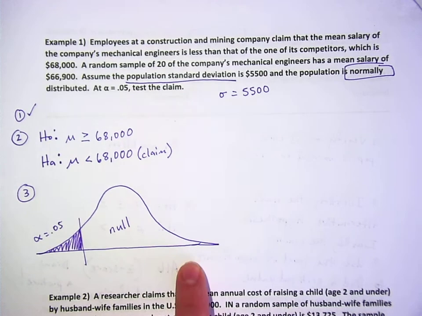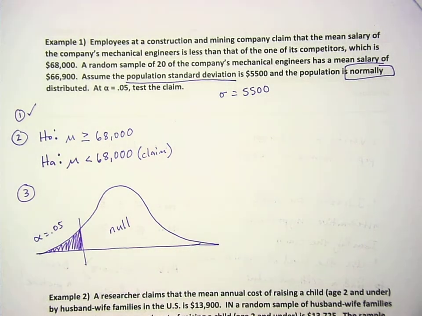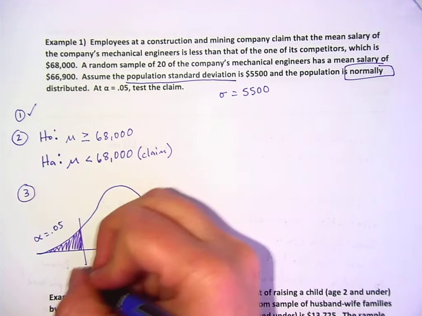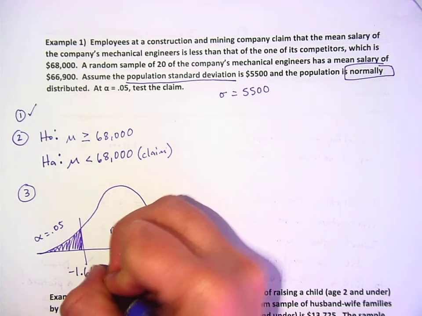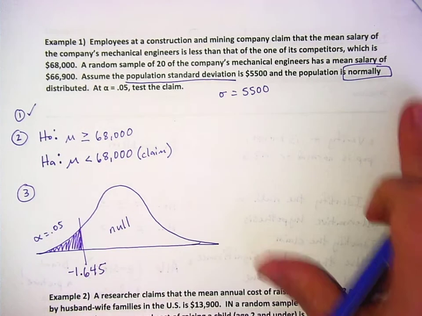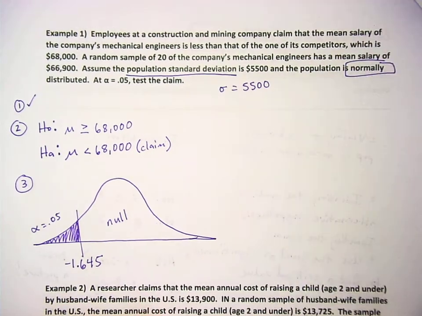If it was 0.05 on the right side, you'd be looking at 0.95. So everybody inside your table, you're looking at 0.05. Yes, negative 1.645, which should be like a pretty familiar number at this point, right?